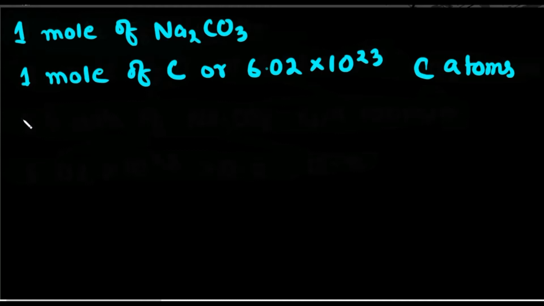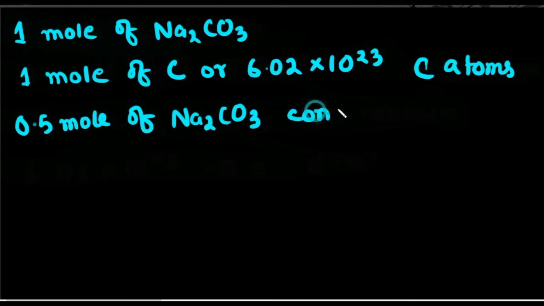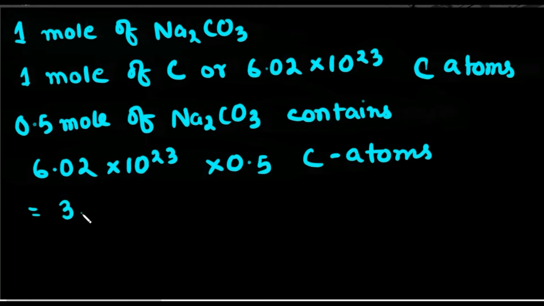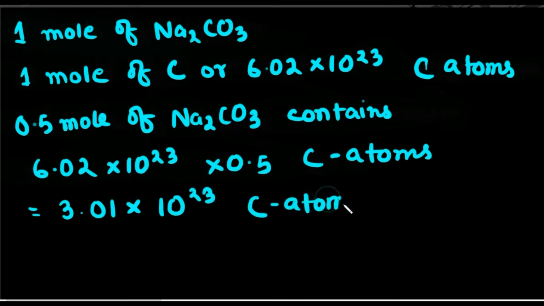Therefore 0.5 mole of sodium carbonate contains 6.02 into 10 to the power 23 into 0.5 carbon atoms, that is equal to 3.01 into 10 to the power 23 carbon atoms.